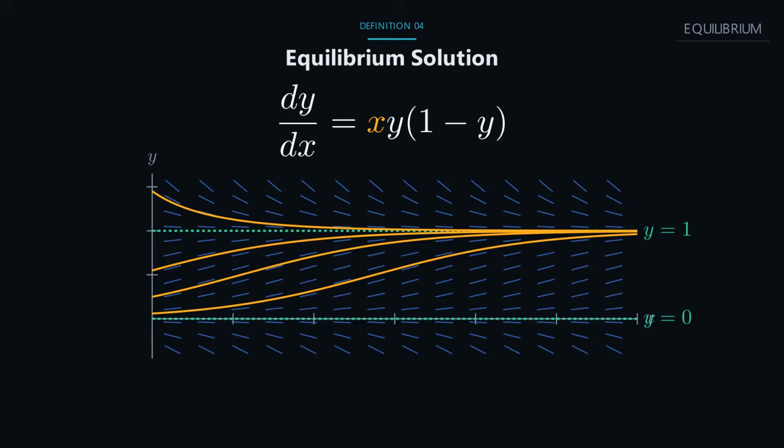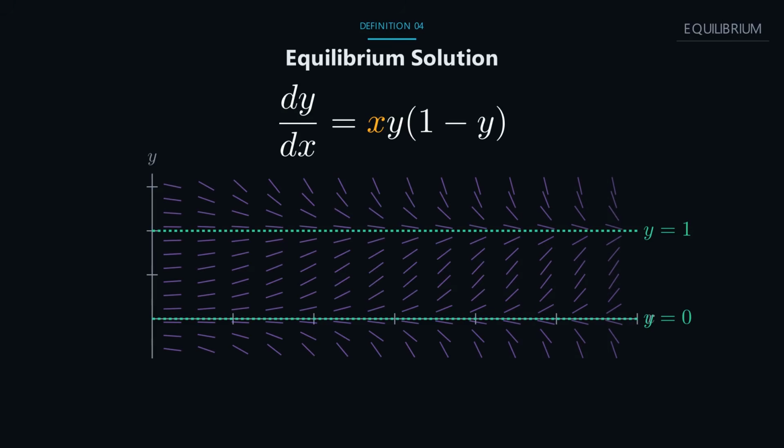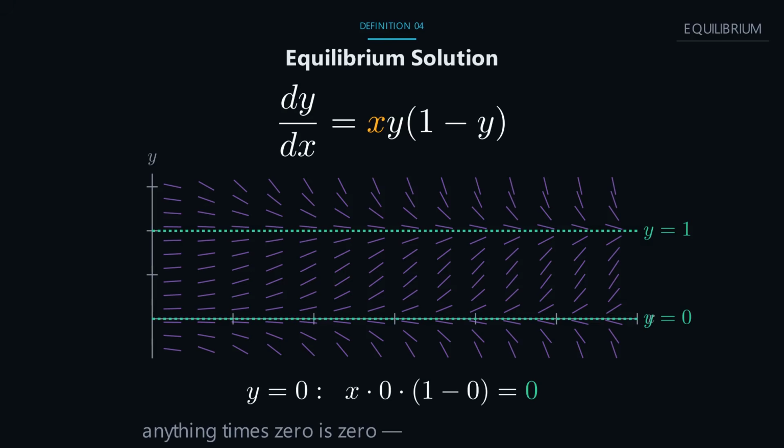Plug in the numbers. If y equals 0, we're going to say x times 0 times 1 minus y. Anything times 0 is 0. So no matter what x value is, the differential for y with respect to x will just be 0. No matter what. The slope of the line will just be 0.